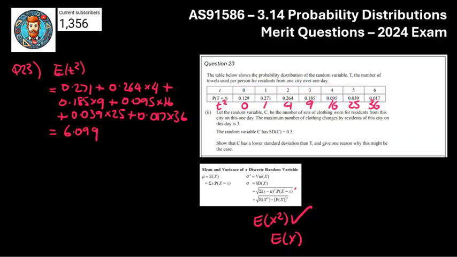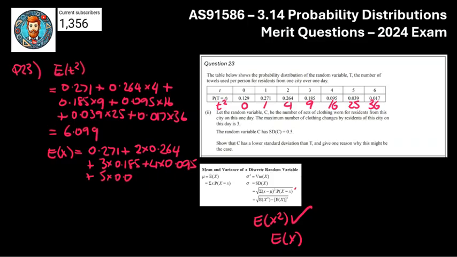So the expected value of x is going to be equal to 0 times that, which is still 0, so we can ignore that. 1 times 0.271, we add on 2 times 0.264, then 3 times 0.185, plus 4 times 0.095, plus 5 times 0.039, and finally plus 6 times 0.017.